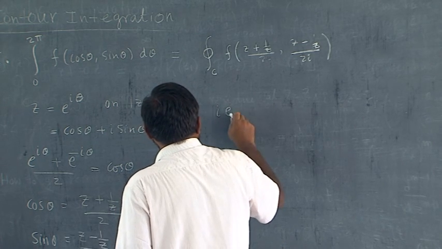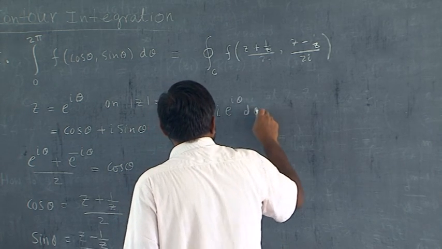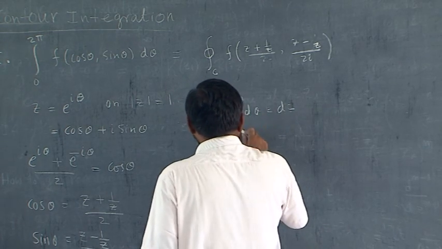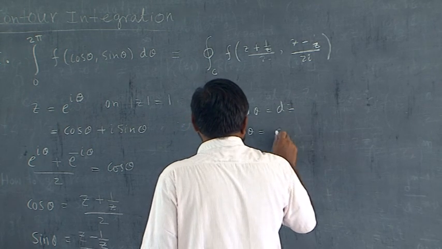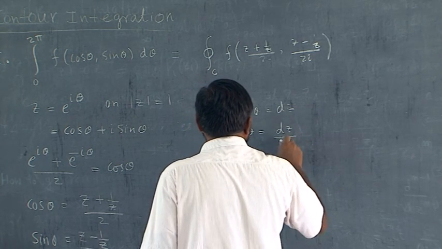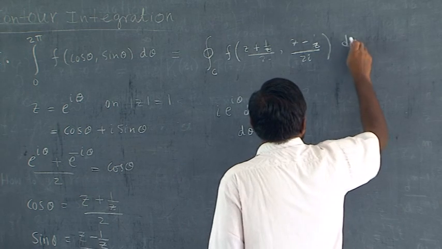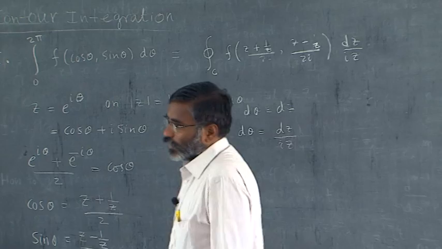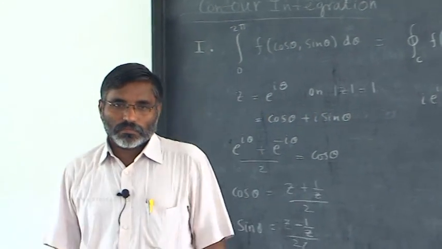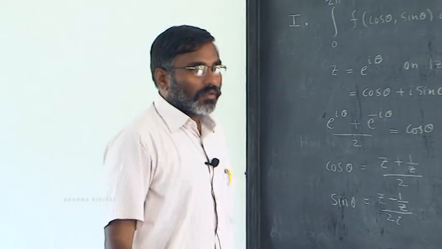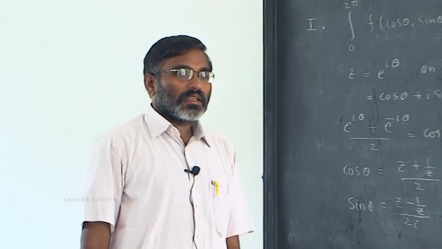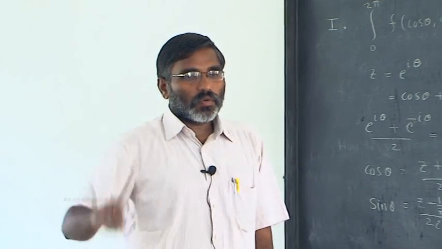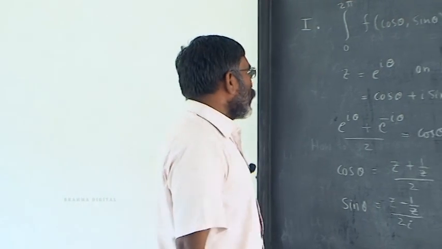And i e power i theta d theta is dz, so d theta is equal to dz divided by iz. So now we have an integral over the unit circle. Any function of cos theta and sin theta from 0 to 2 pi can be converted into a contour integration over a unit circle contour.